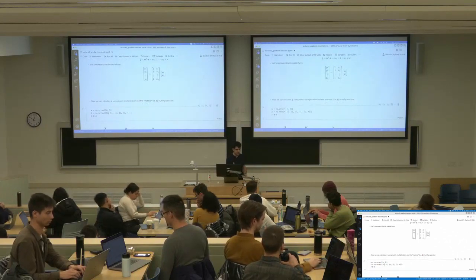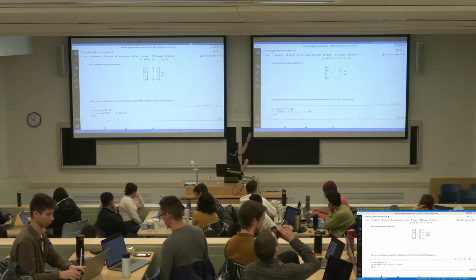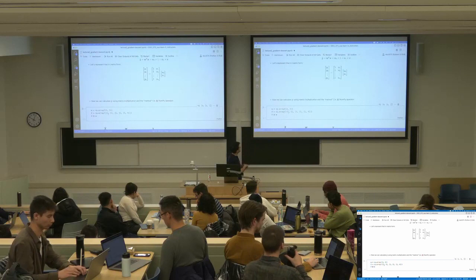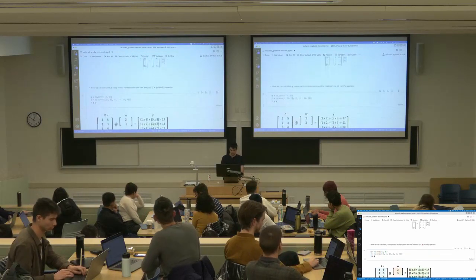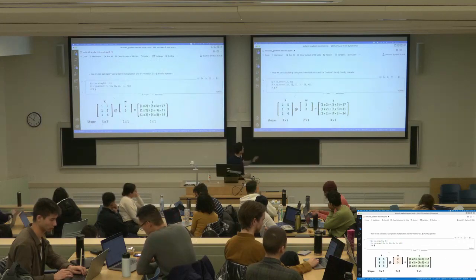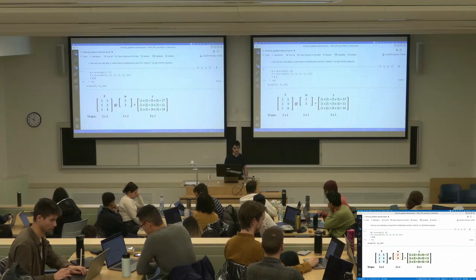Okay, here is the Python version of it. W is a column array, and x is a matrix. Then this notation is used to compute the multiplication of x by w. If you do that, this is the result that we get, and this shows you visually how these values are computed.